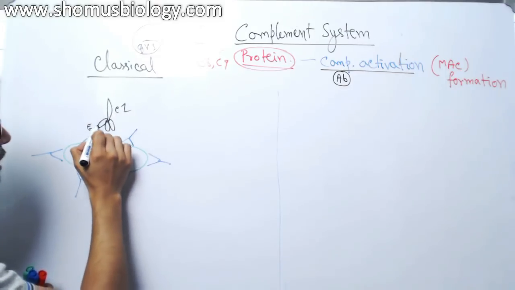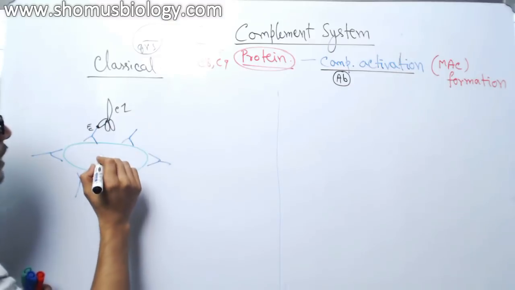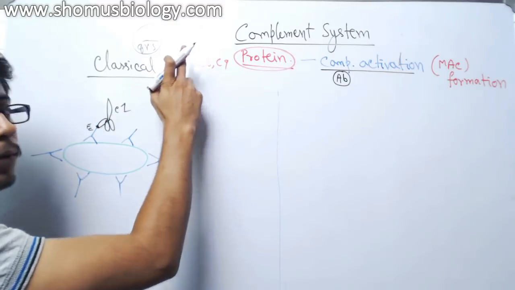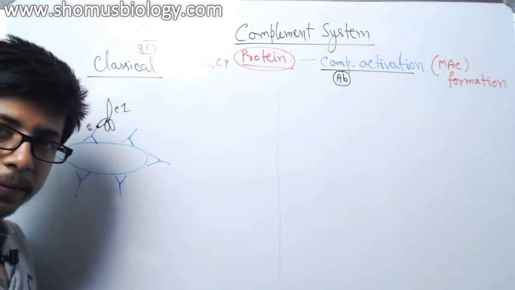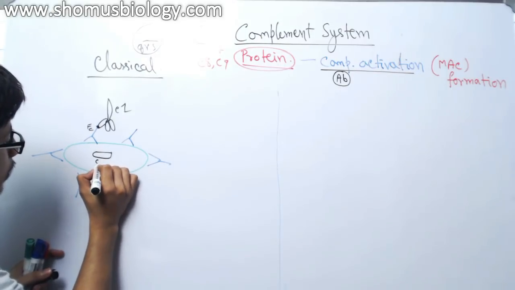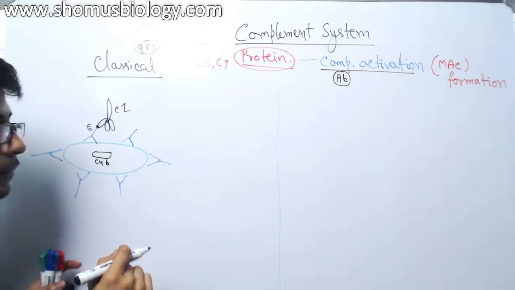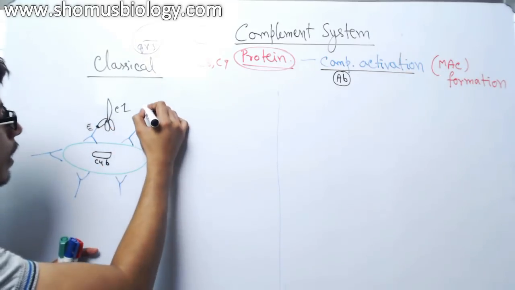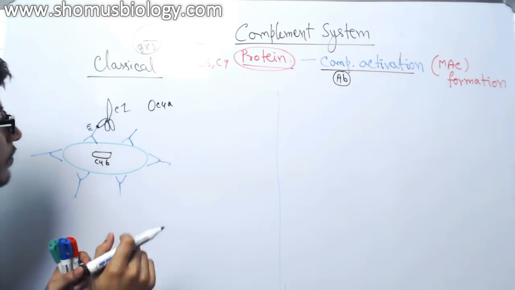Remember, C1 is attached to the Fc portion of the antibody. Now C4 comes in contact with C1, and C1 breaks C4 down into two parts, C4A and C4B. C4B is the larger subunit and C4A is the smaller subunit.